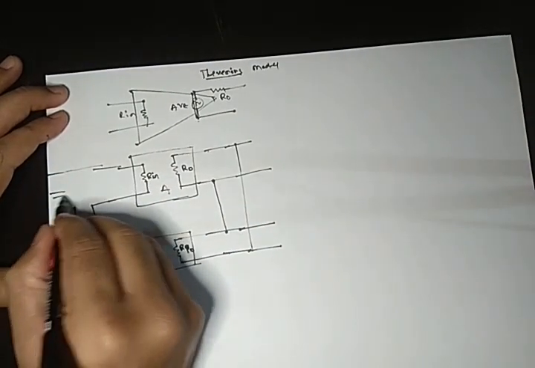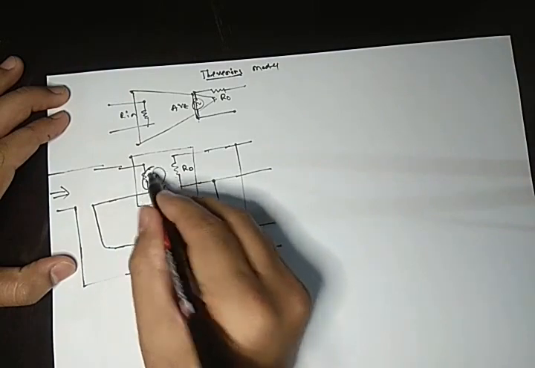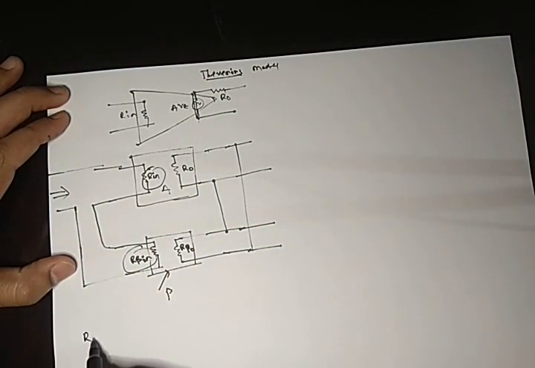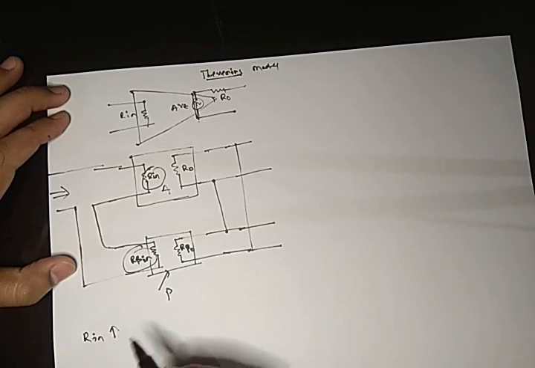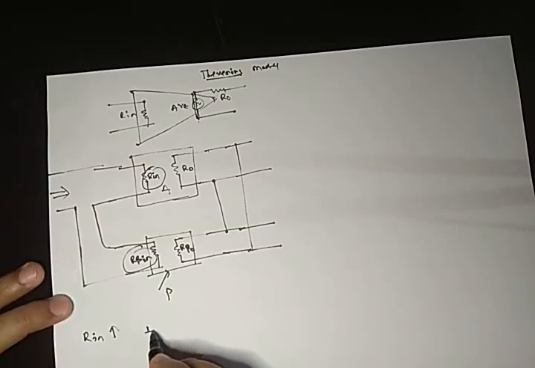Now if we look across this one, we see that resistance R in and R beta in are in series. So R input is being increased, and we have seen by the formula that R in is increased by 1 plus A beta times. So R in will become R in into 1 plus A beta.